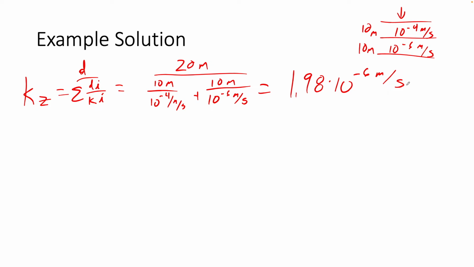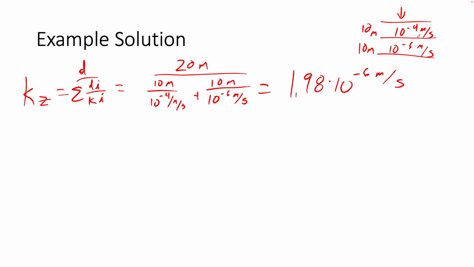Now, does that make sense? As we've said, well, we didn't exactly say this, but you would expect that your hydraulic conductivity is going to be somewhere between these two layers. So it can't be lower than 10 to the negative 6, and it can't be higher than 10 to the negative 4. It's going to be an average between the two.